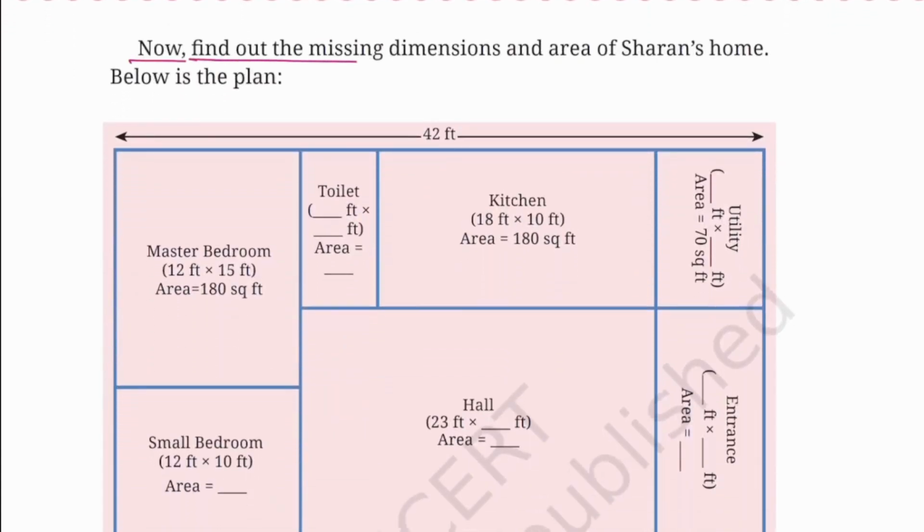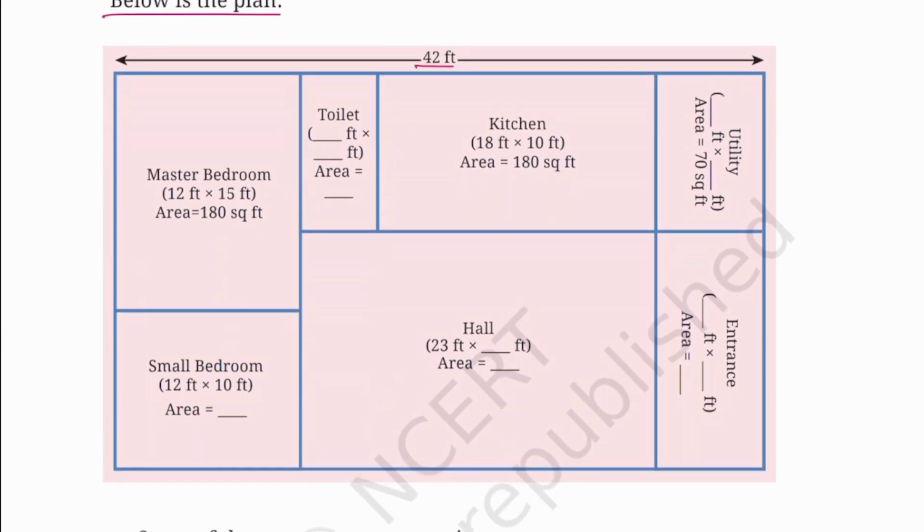Now find out the missing dimensions and area of Saran's home. Below is the plan. 42 feet length and width will be 15 feet plus 10 feet, that is 25 feet.